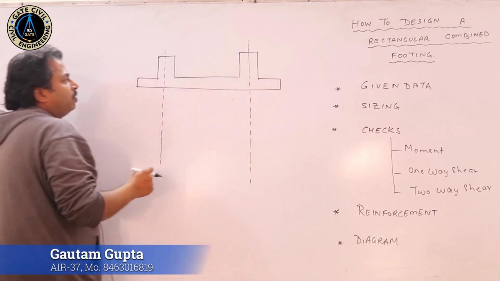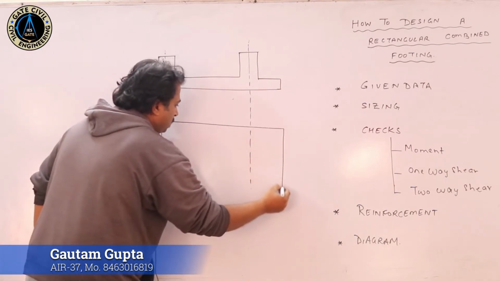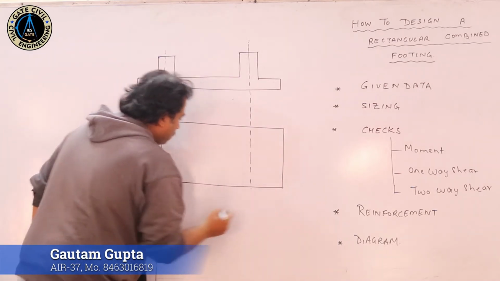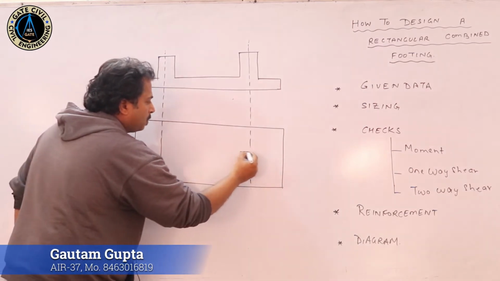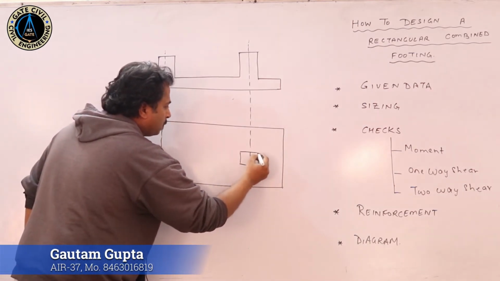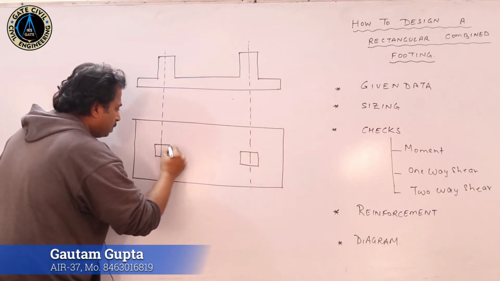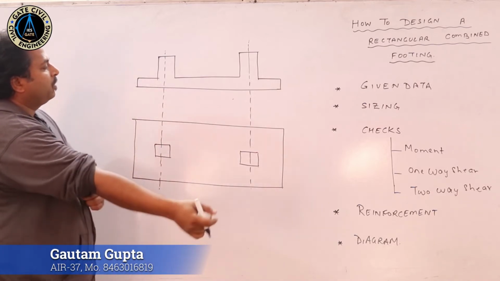This is the elevation view. Just placing the columns. This is the plan view.